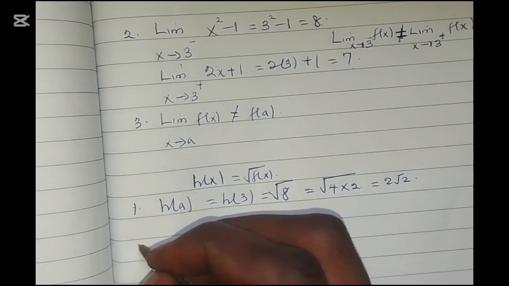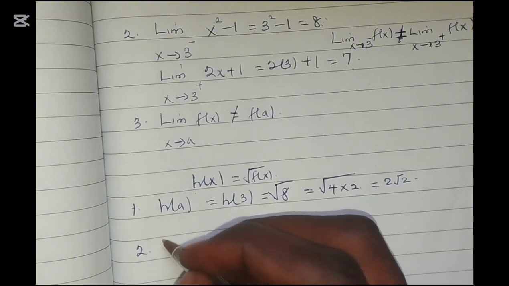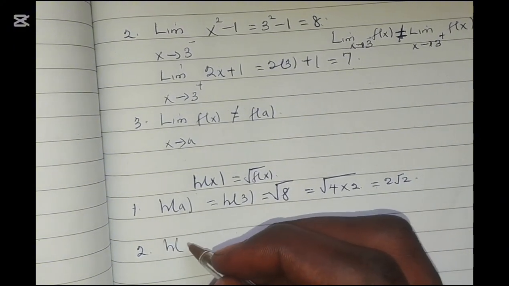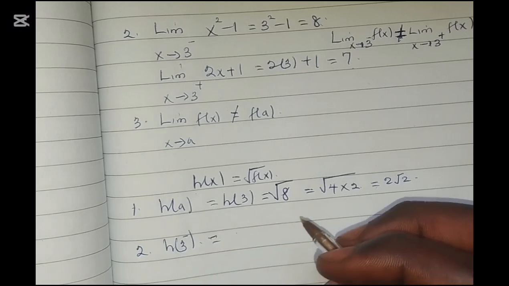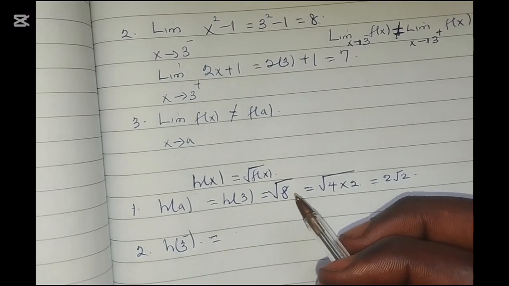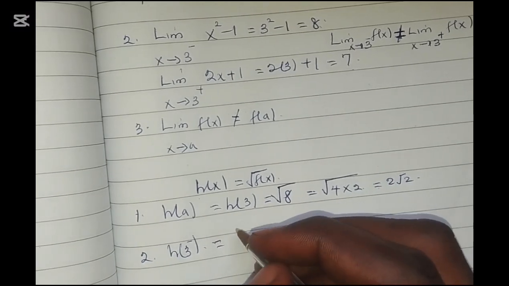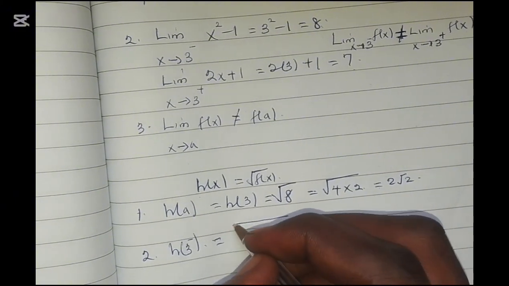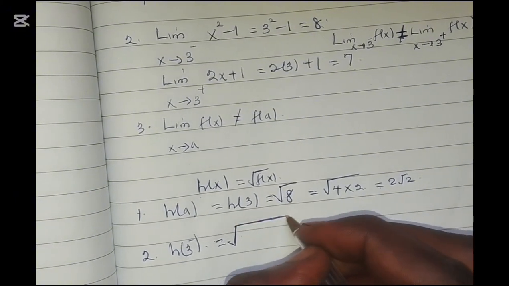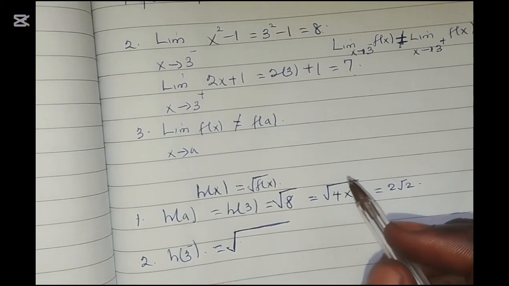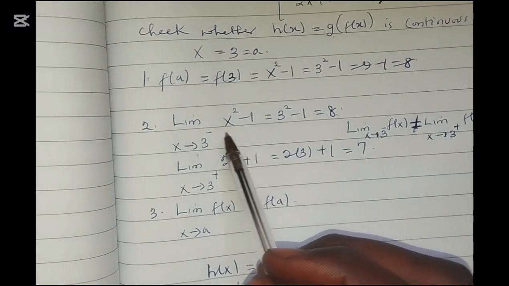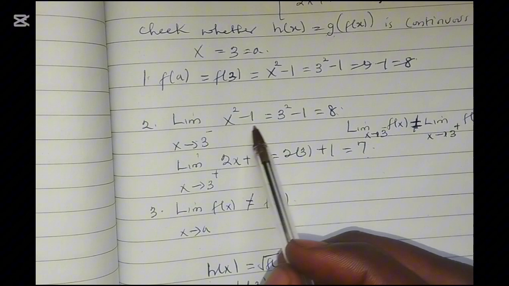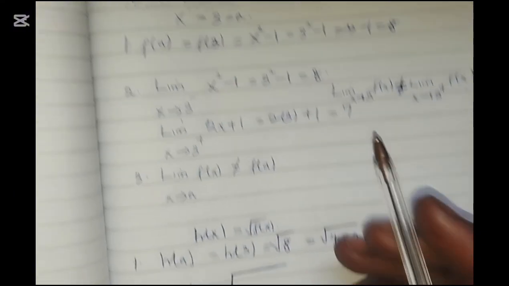Now we check the limit of h of x at 3 from the left. This will give us root of f of x from the left, and f of x from the left is this, which is 8 as well.